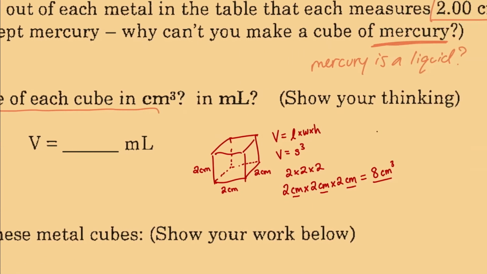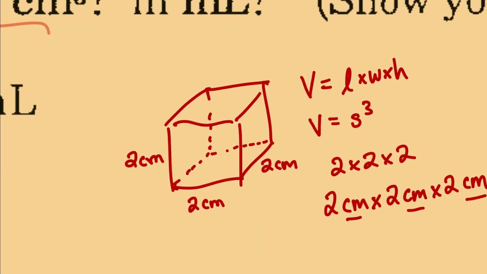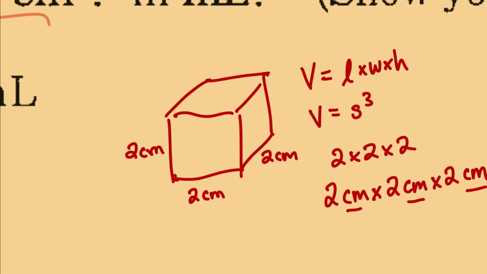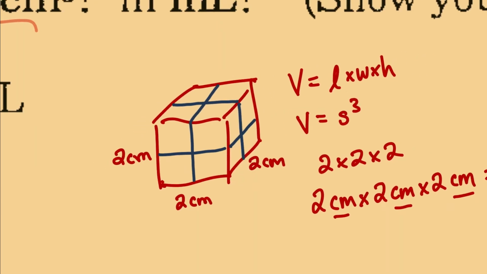By the way, in case we're having trouble visualizing what a cubic centimeter is, I can draw it out for you like this. Let's erase my marks here. If this is a cube that measures 2 by 2 by 2, if I were to break this up, sort of like this, we can see where those cubic centimeters actually come from. This here is 1 cubic centimeter.